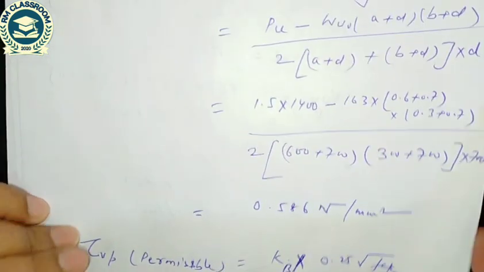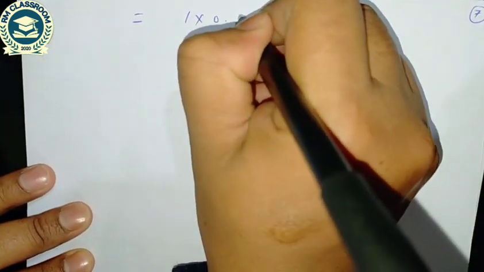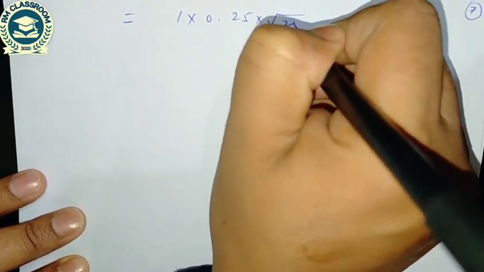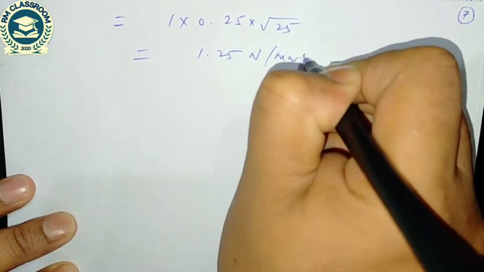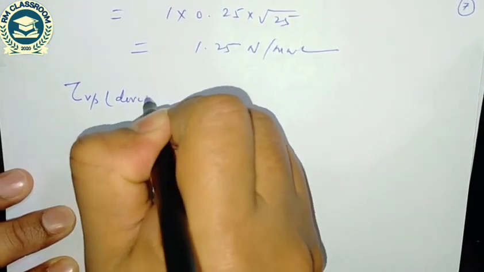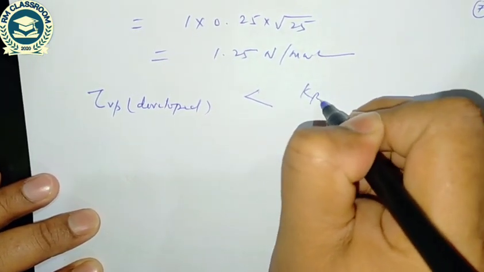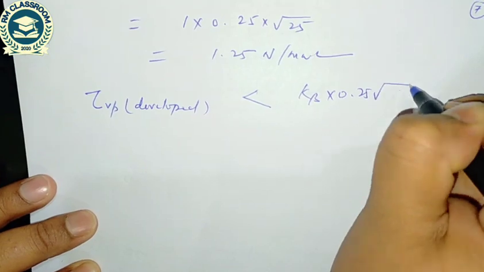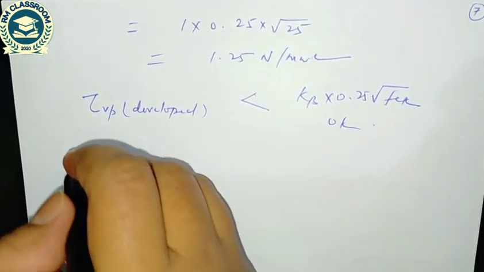It should not exceed 1. So the value is 1 into 0.25 into square root of 25, so it is 1.25 Newton per mm square. Our punching shear stress developed is less than Kb into 0.25 square root of FCK. Okay, it is safe in double punching shear.